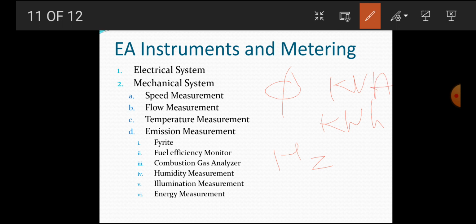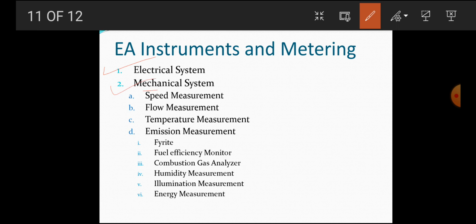All these parameters need to be measured using various instruments. A multimeter is generally used for measuring all the parameters. This kind of instrument can be used without stopping the machine. So all these come under electrical systems.